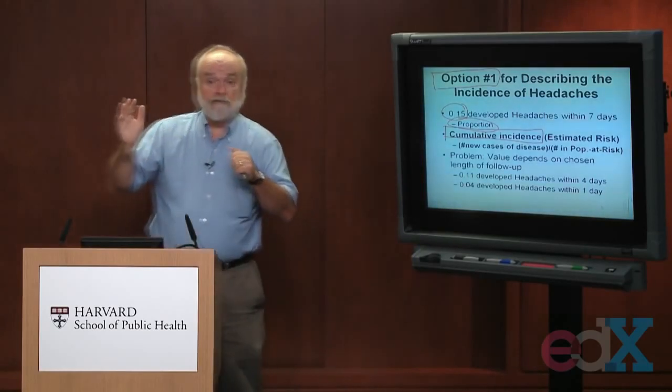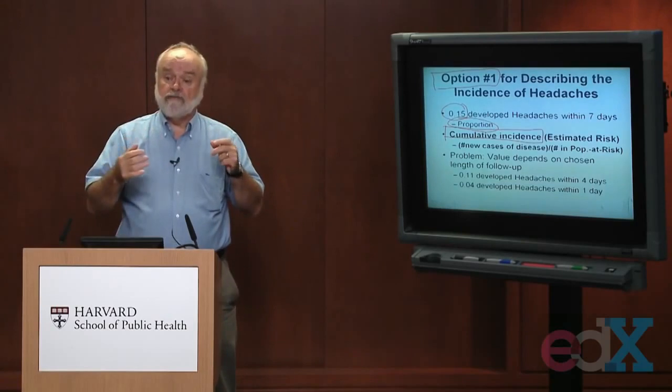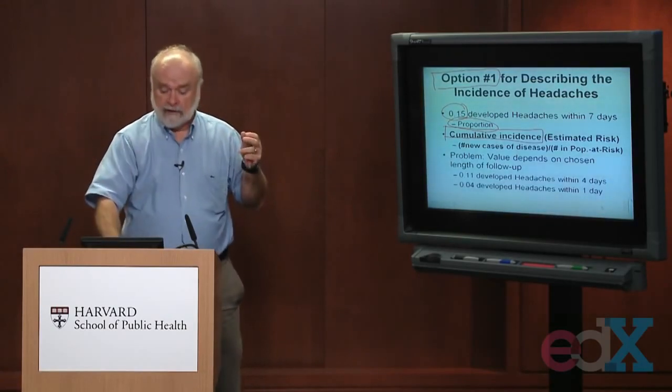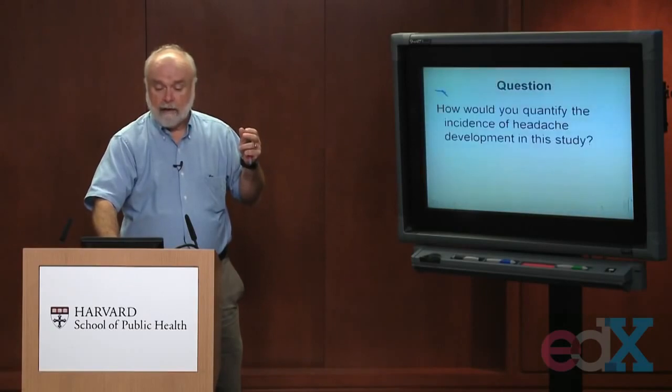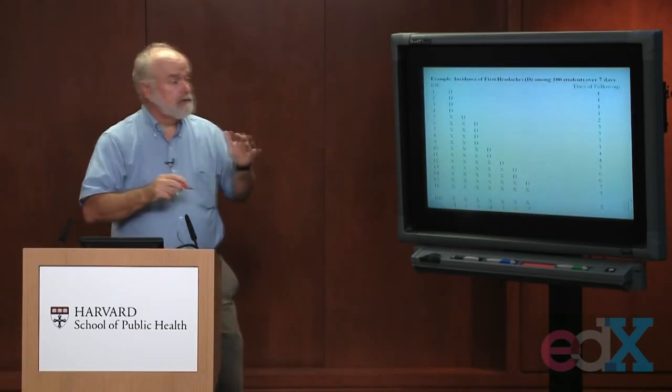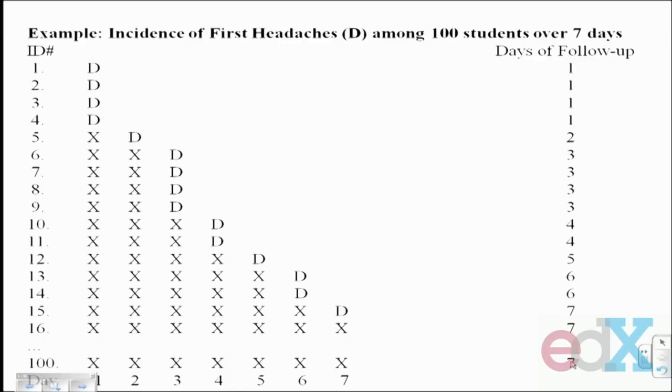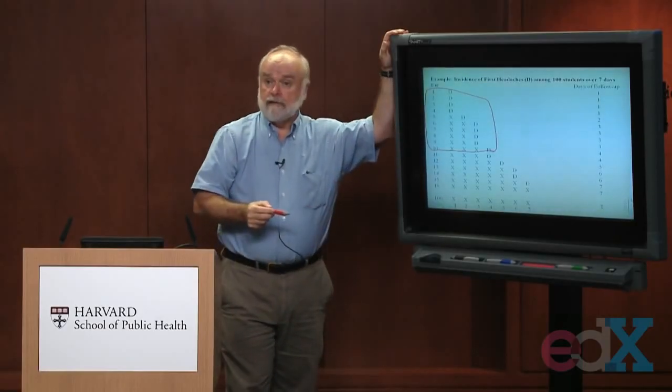Instead of following people for 7 days, if I only follow them for 4 days, I would get a different answer for the 4-day cumulative incidence. If I go back to my original data, well, everybody from person 10 upward developed a headache in the first 4 days.